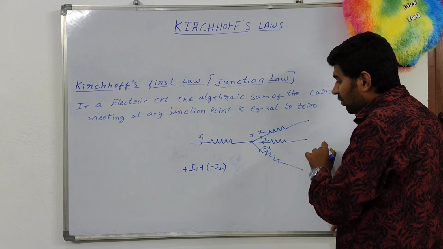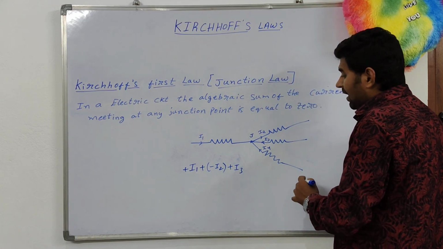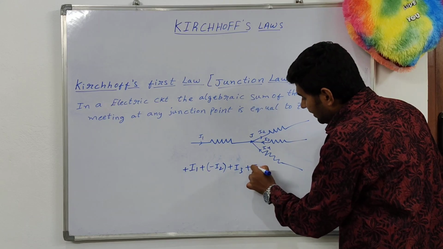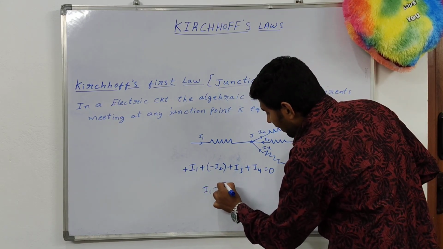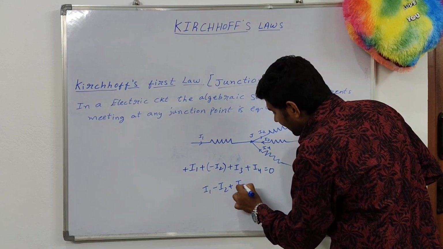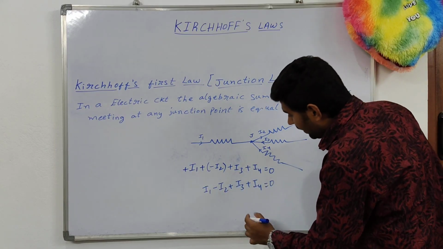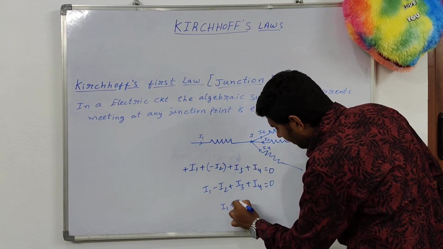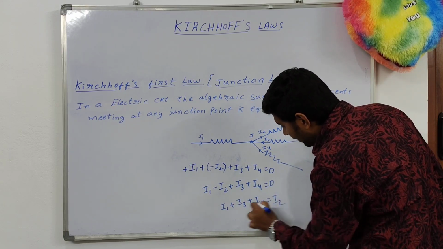Here I3 is moving towards the junction, so plus I3, and plus I4, is equal to 0. I can write I1 minus I2 plus I3 plus I4 is equal to 0. It is also written as I1 plus I3 plus I4 is equal to I2.